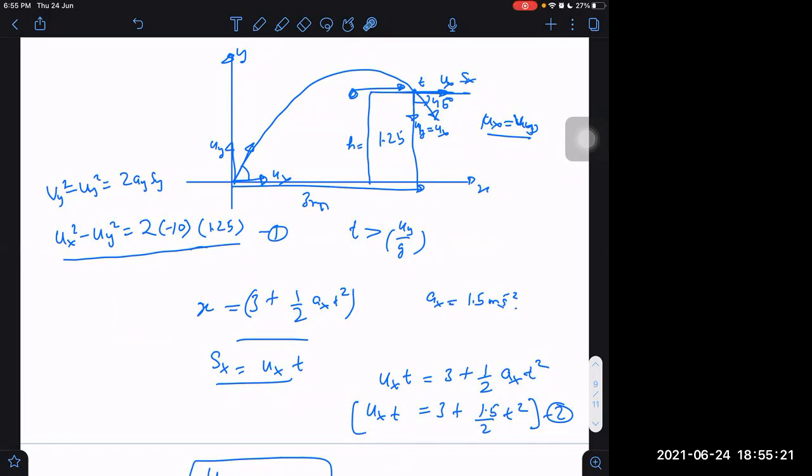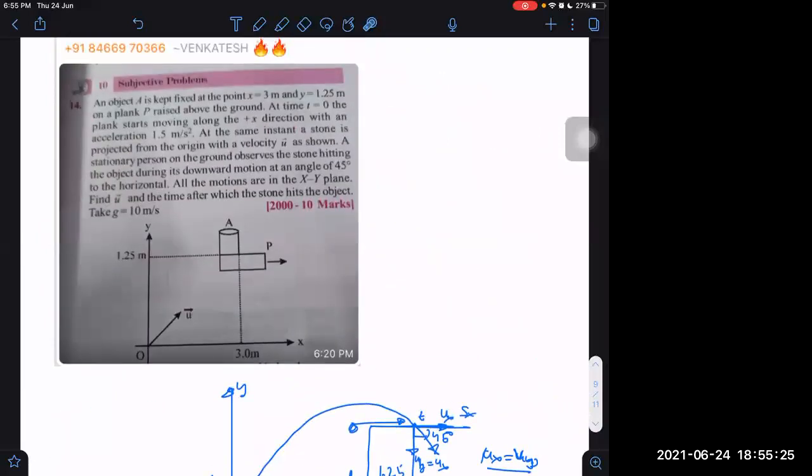Because time is also unknown. Both initial velocities are unknown, or is one velocity given? Find u. Net u we have to find out only.